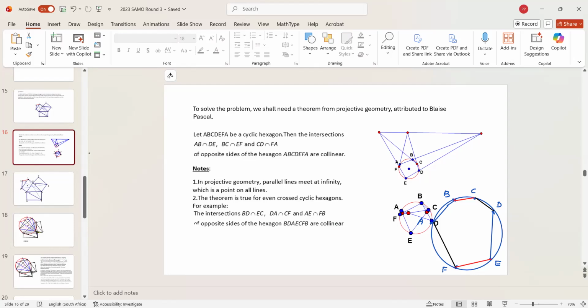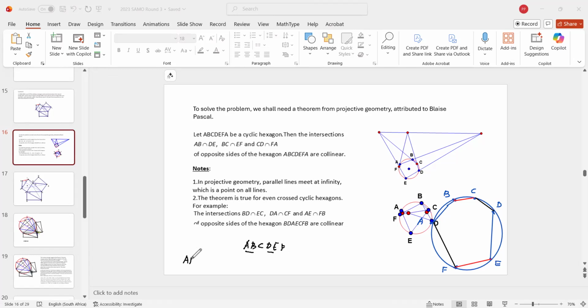But what is important is that if I read these points in order, A, B, C, D, E, F, A, B, C, D, E, F, then the opposite sides become AB, miss a point, DE. So you have AB, DE, and they will meet at some point.